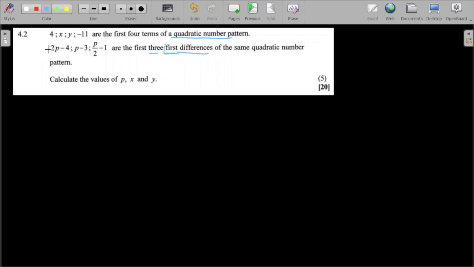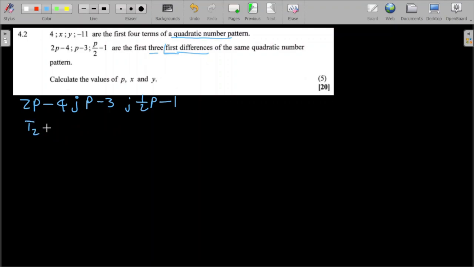So if this is a first difference, that's the first thing I have to deal with because it's the linear pattern. And then this is just 1 over 2p minus 1. Now finding the first difference, it's a linear pattern which is going to be constant. Let me just do it like this so that I'm not going to waste time and space.